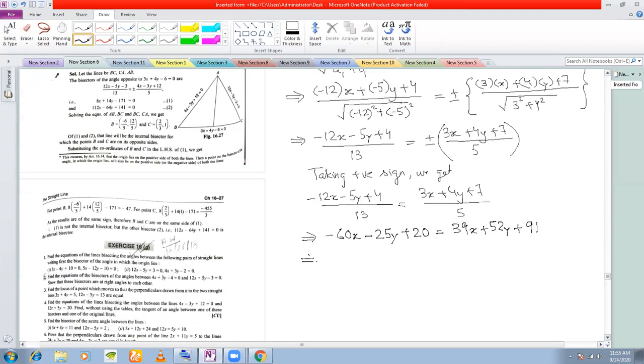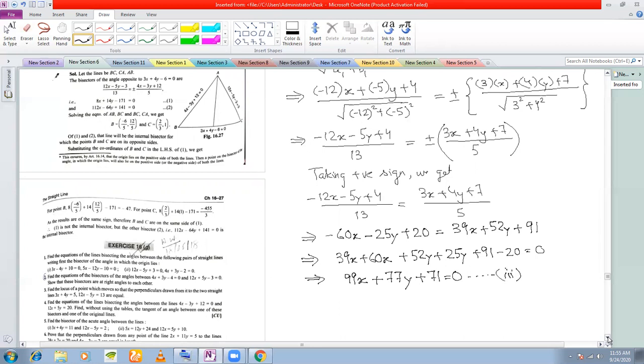So now if you simplify, take everything to the right hand side: 39x plus 60x, plus 52y plus 25y, plus 91 minus 20 equal to 0. So this is 99x plus 77y plus 71 equal to 0. This is one of the bisectors. Call it equation number 3.